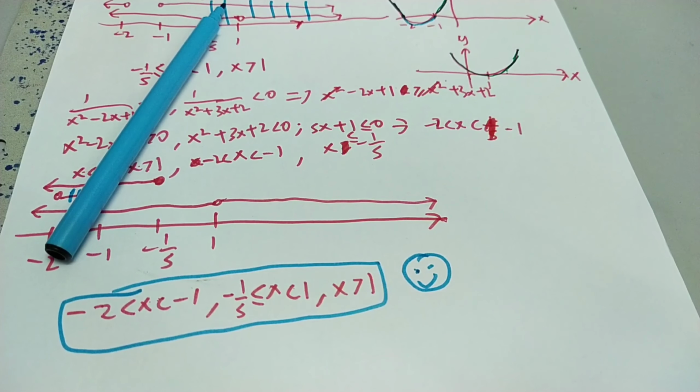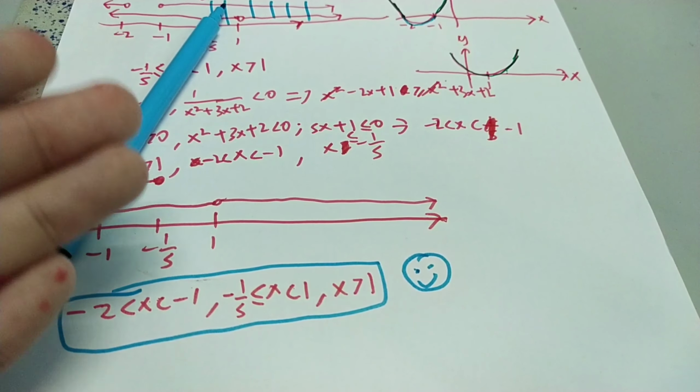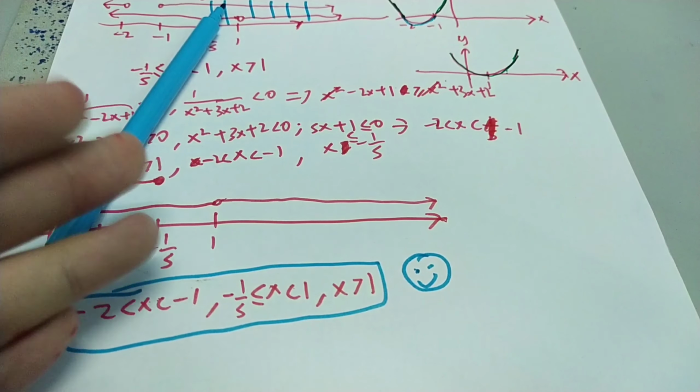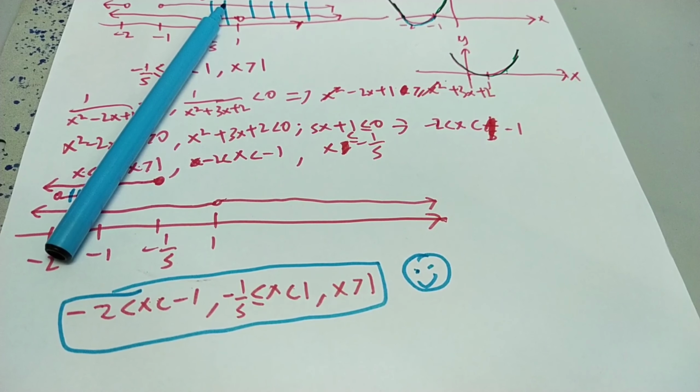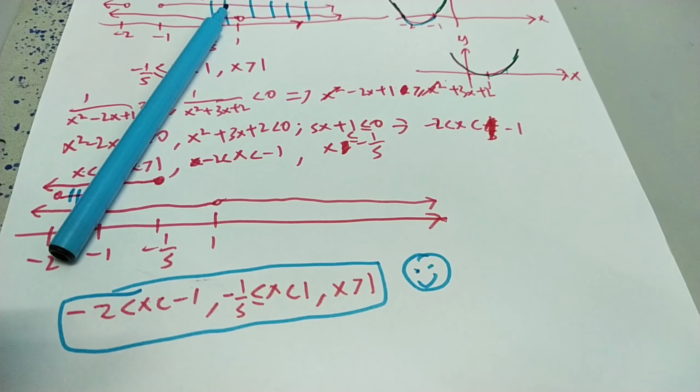Although the method is different, we still get the same answer. So this is a very good thing. When you do math, you sometimes explore and discover more things, and this is our final answer. Even though the method is different, we still get the same answer. That is very cool. This is very cool about mathematics.